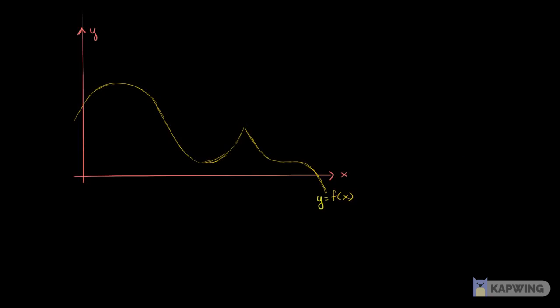In the last video, we saw that if a function takes on a minimum or maximum value at x equals a, then x equals a is a critical point.